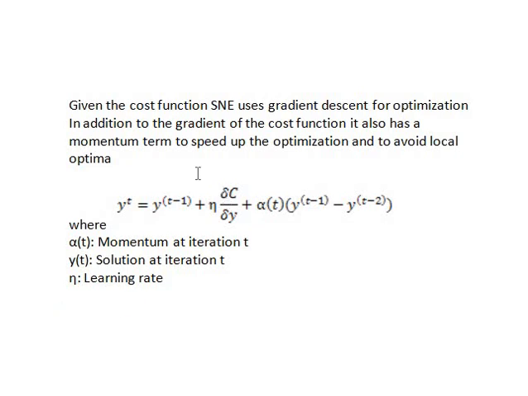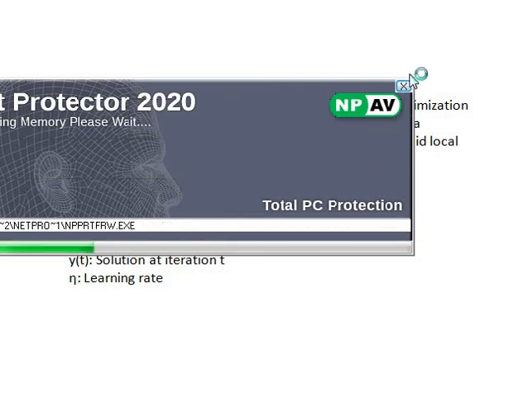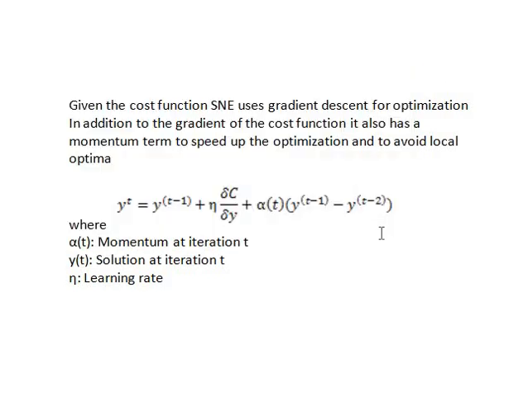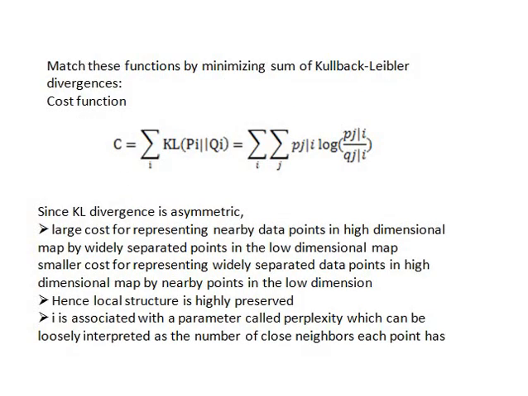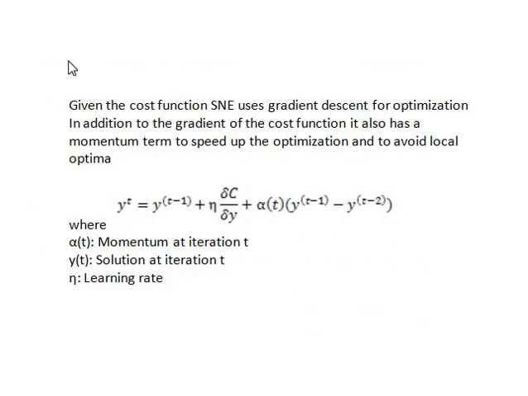At each iteration we get a new solution. We iterate this method until the distances are preserved. This is the formula for obtaining the solution at each iteration. This is the solution at each iteration, this is the cost function, and this is the learning rate. So this is the formula for the cost function, and this is the formula for the solution at each iteration.